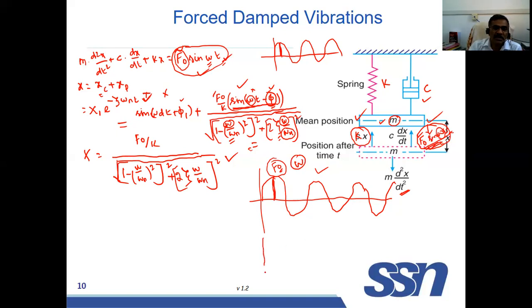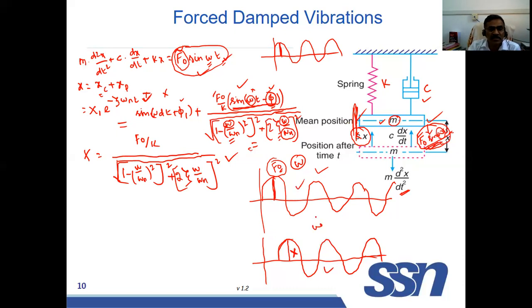Now we are going to draw another cycle. This represents the amplitude of vibration. While the force is applied, the body will be vibrating. That vibration is drawn. This is x. When you compare these two, both will be vibrating at the same frequency.